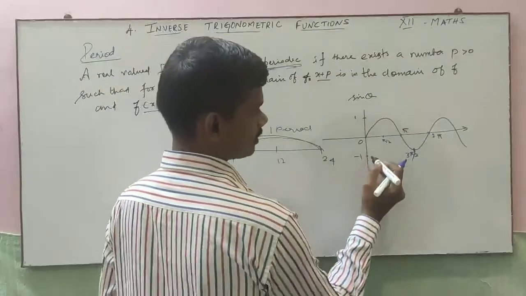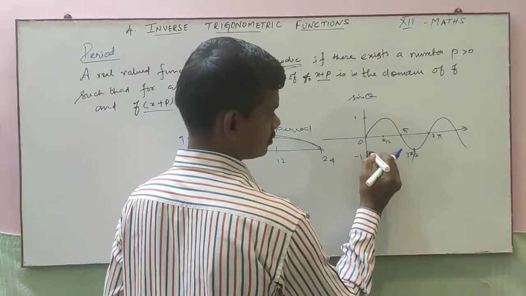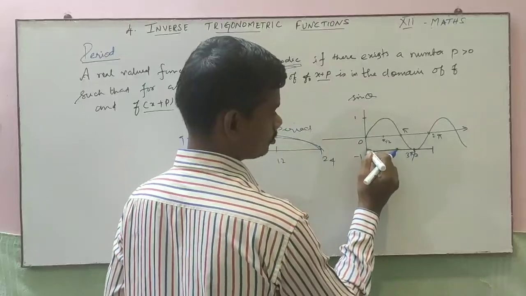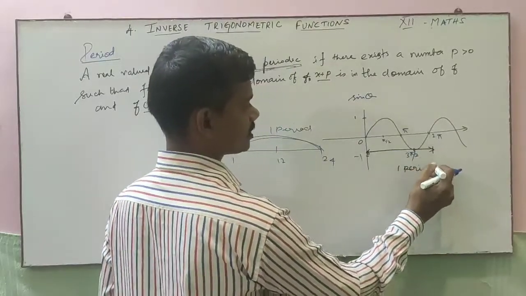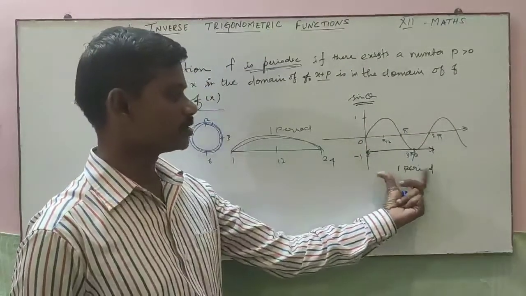So if you start from 0 and go up to 2 pi, this is called one period for the sine function.